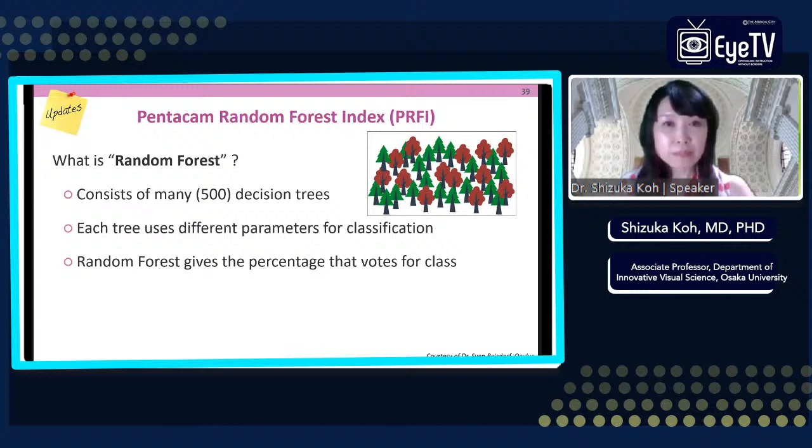Let me mention PRFI, Pentacam Random Forest Index, as one of the updates. Then what is random forest? Random forest, like its name implies, consists of a large number of individual decision trees that operate as an ensemble. Each individual tree in the random forest spits out a class prediction, and the class with the most votes becomes the model prediction.